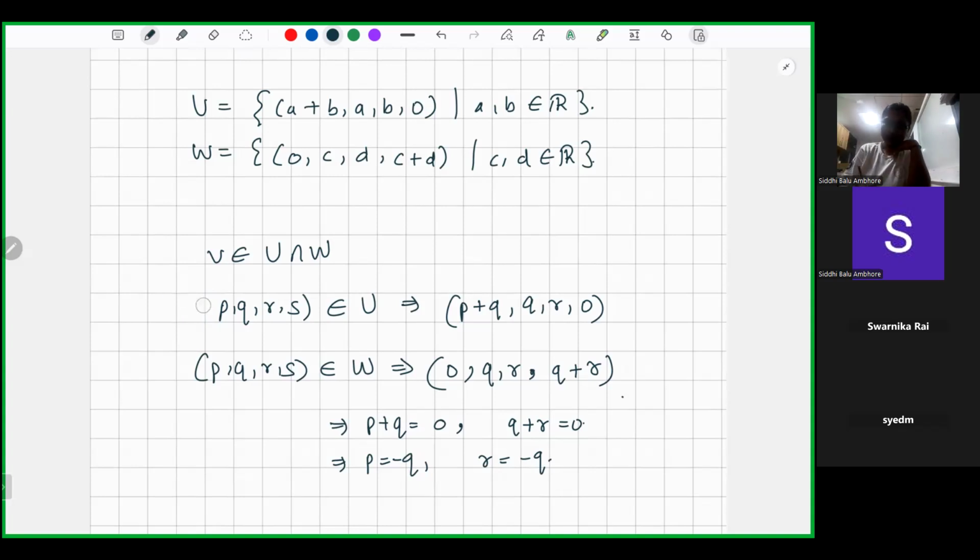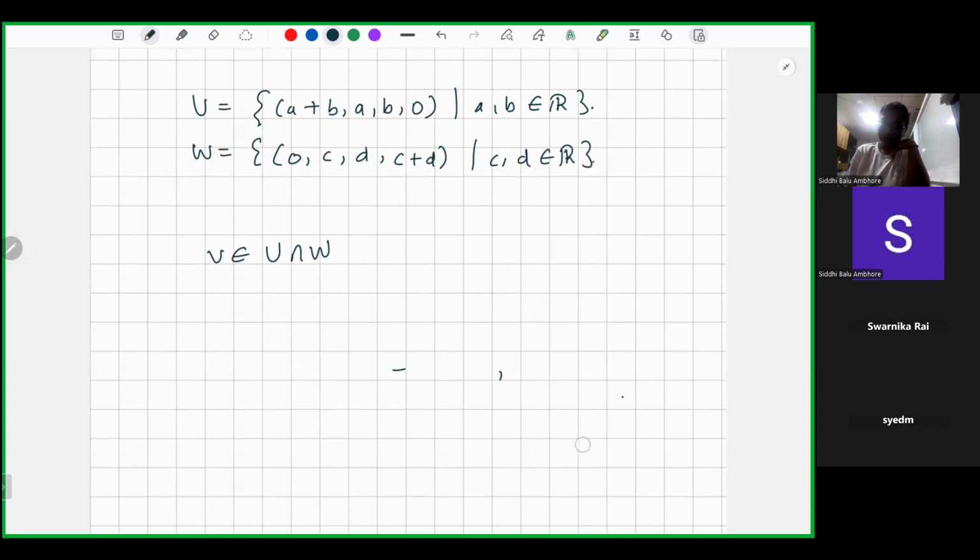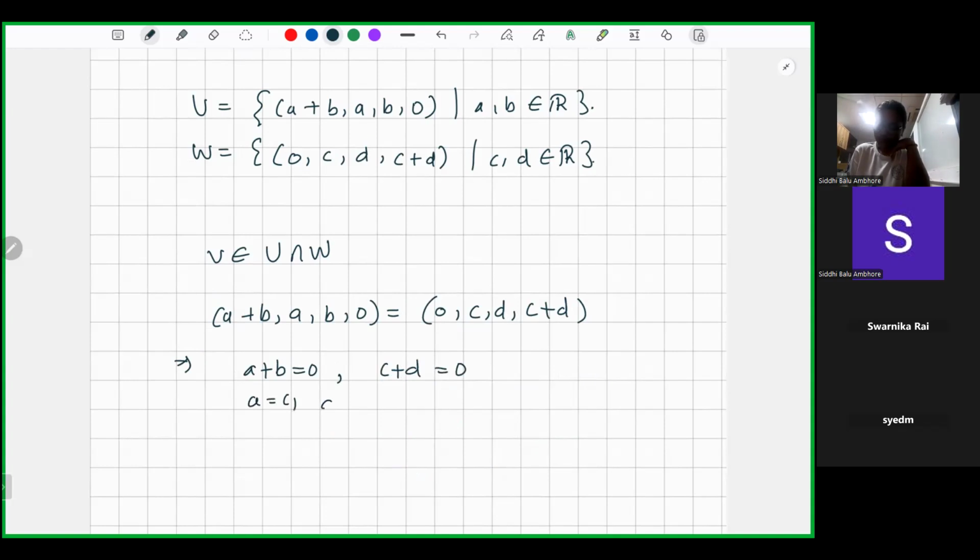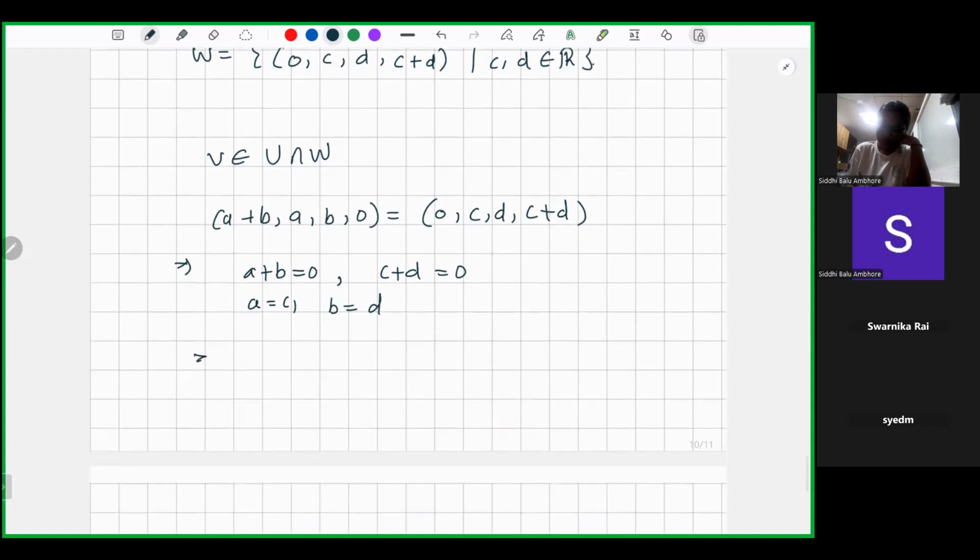Forget this. If this is the case, (A plus B, A, B, 0) is equal to (0, C, D, C plus D). This will imply A plus B is equal to 0 and C plus D is equal to 0, with A equal to C and B equal to D. And this will give me A is minus B and C is minus D, right?